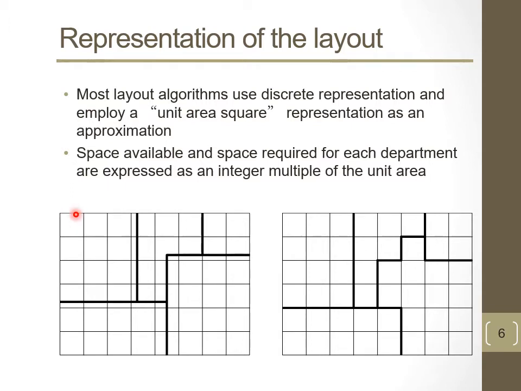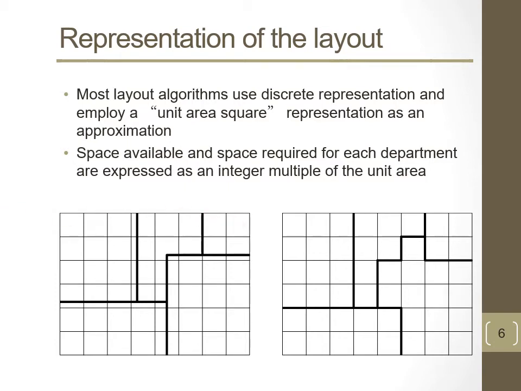But if you use 10 by 10, then in order to represent 32 dimension here, you see you lose some area. Instead of that, you can use, in fact, 1 by 1 unit area squares. But in this case, on one side only, you need to have 100 such squares. Instead of 10 squares, you will have 100 squares, right?